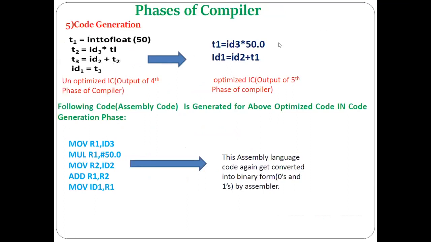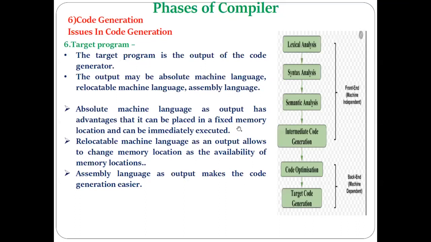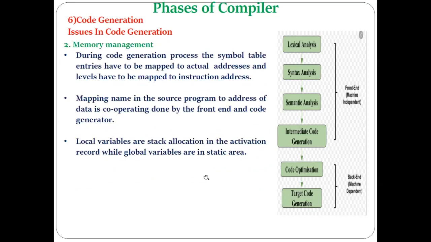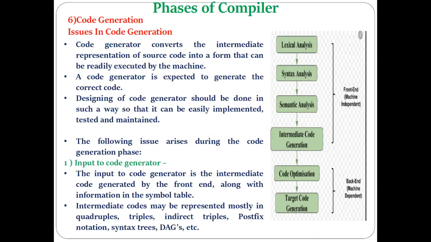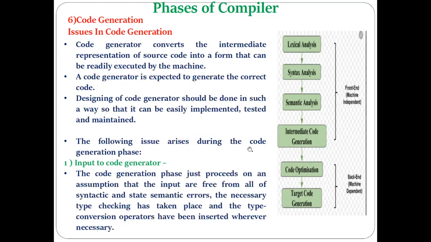Now these different issues have to be taken care of by the system programmer when he is designing the last phase of the compiler, that is the target code generation. So here you can see 6 different issues in the code generation phase we have discussed. That is the input to the code generator, means what kind of input should be given to the target code generation phase.